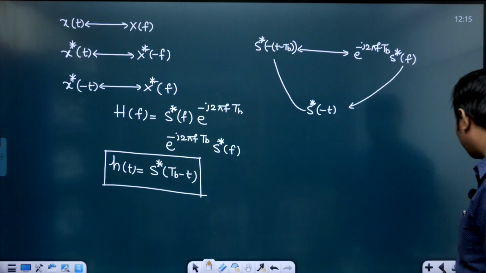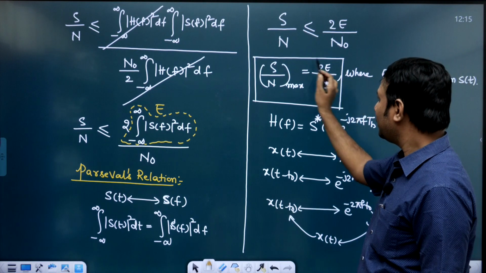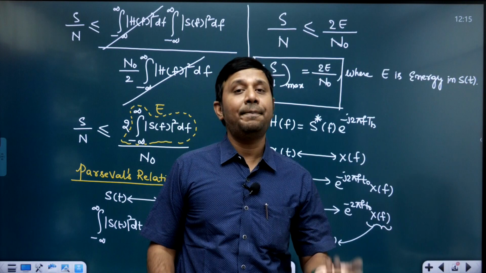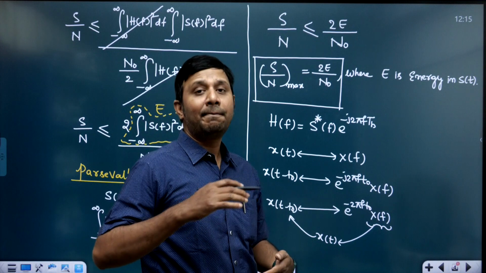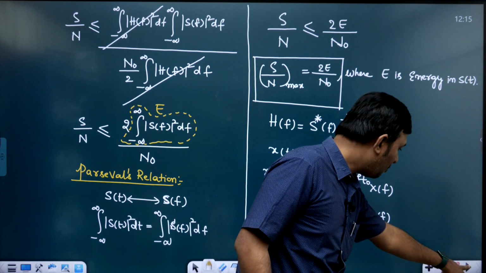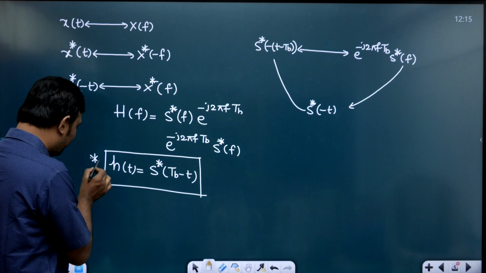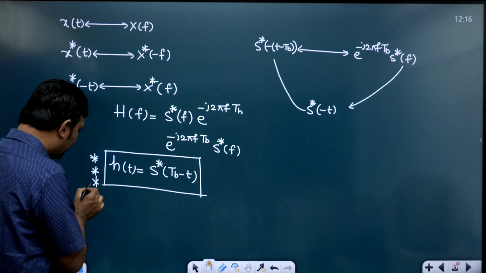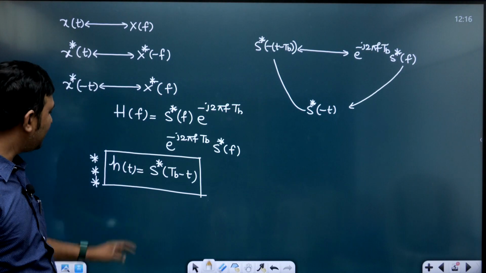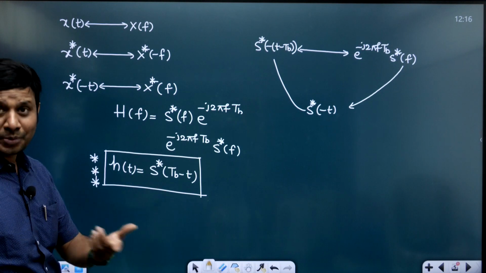And what is the maximum signal to noise ratio at the output of the matched filter? 2E by N naught, where E is the energy in the received pulse s of t, and in the process of maximizing the signal to noise ratio, what is the impulse response of the matched filter? Impulse response of the matched filter is h of t is equal to s star of tb minus t. Or I can say that the impulse response of the matched filter is related to the input s of t in this way. Hope you understood this one.